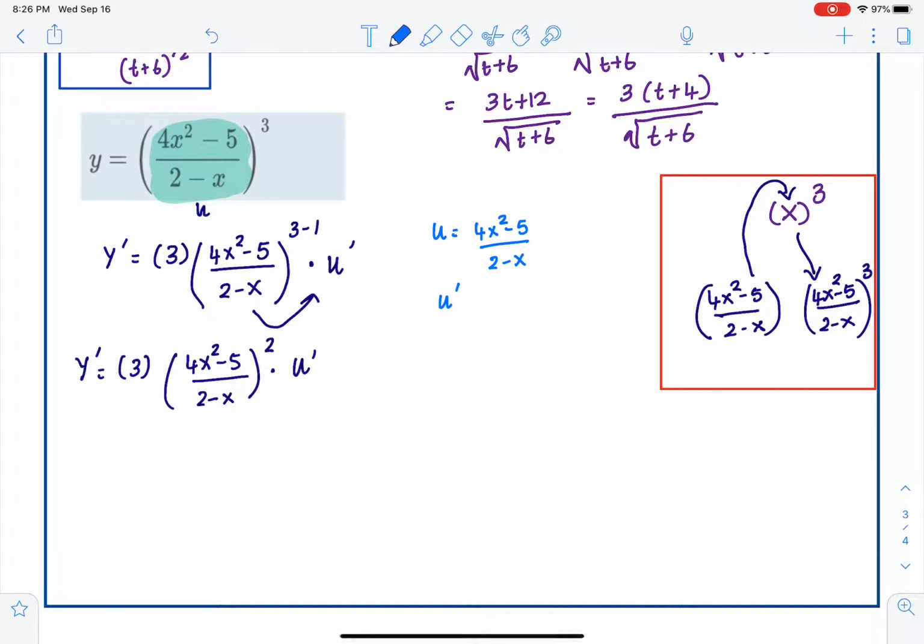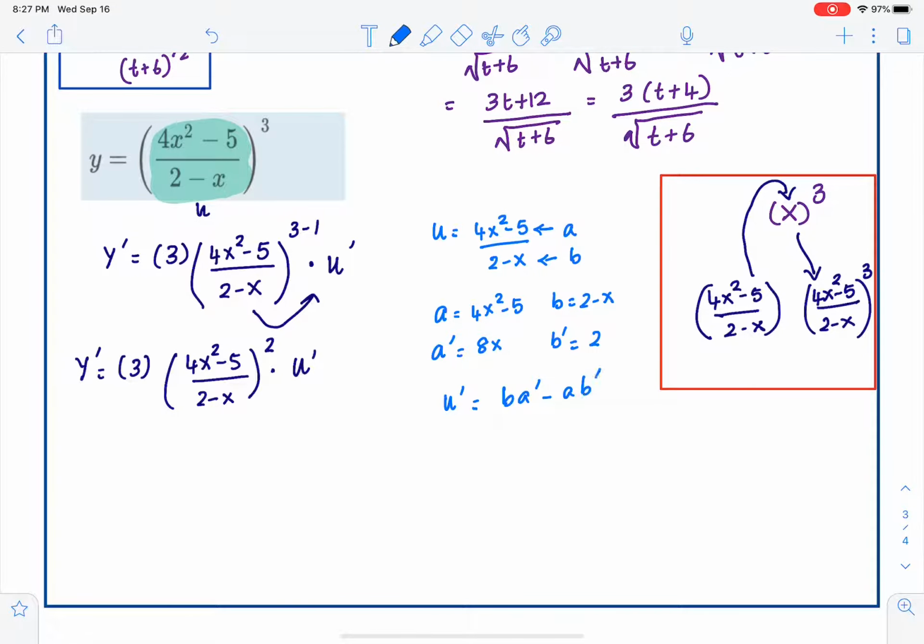u prime would then involve quotient rule. So I'm going to call the numerator a, denominator b. So a is 4x squared minus 5, b is 2 minus x, a prime is 8x, b prime is 2. u prime per quotient rule would be b a prime minus a b prime divided by b squared.